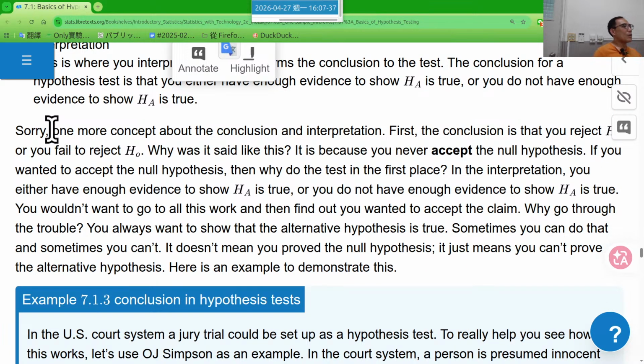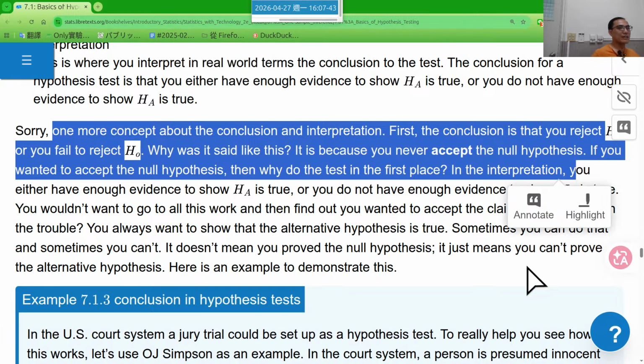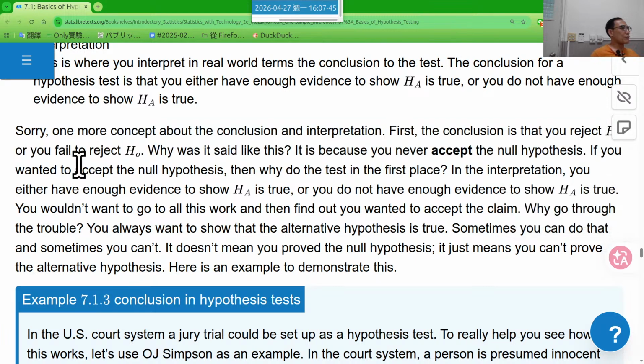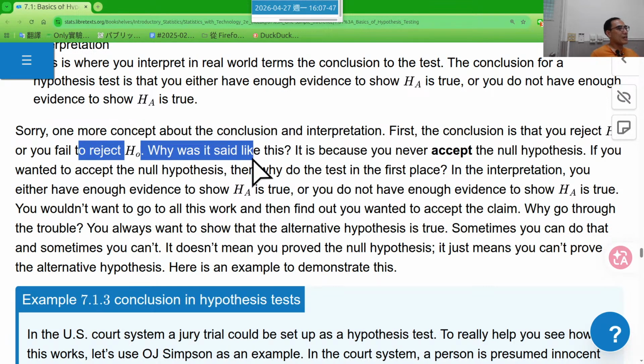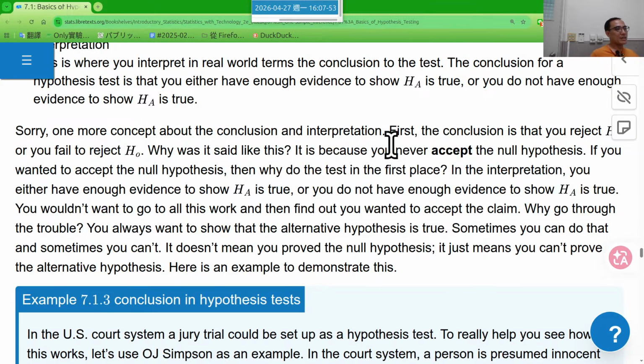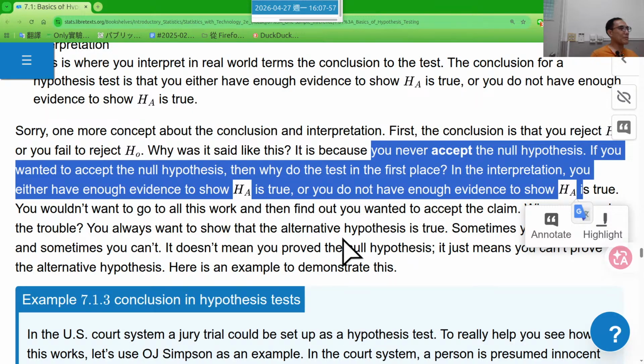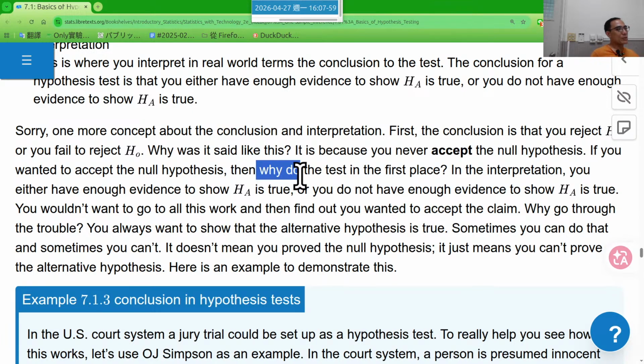And sorry, one more concept about the conclusion or interpretation. First, the conclusion is that you reject the null hypothesis, or you fail to reject the null hypothesis. Why is it said like this? It is because you never accept the null hypothesis. If you wanted to accept the null hypothesis, then why do the test in the first place?